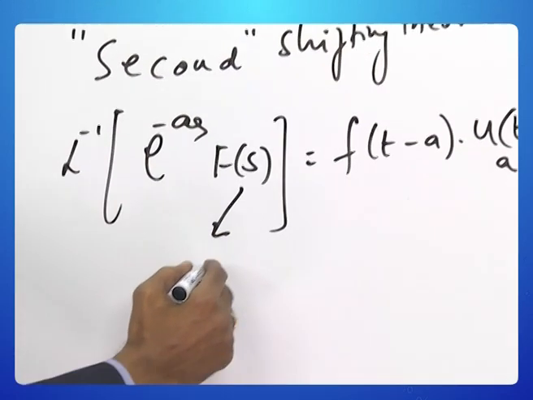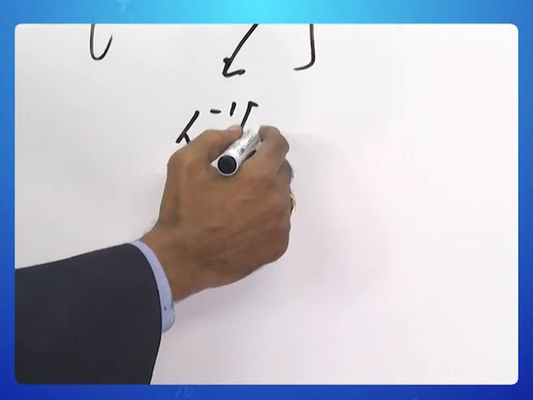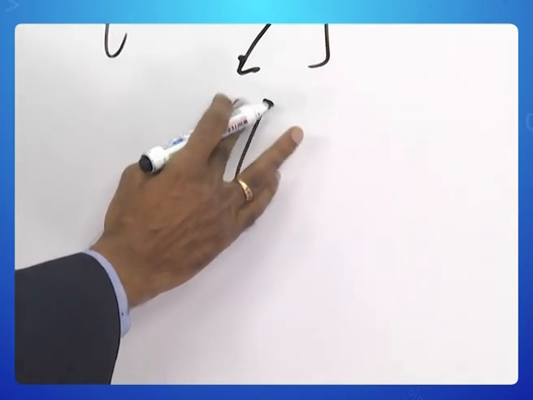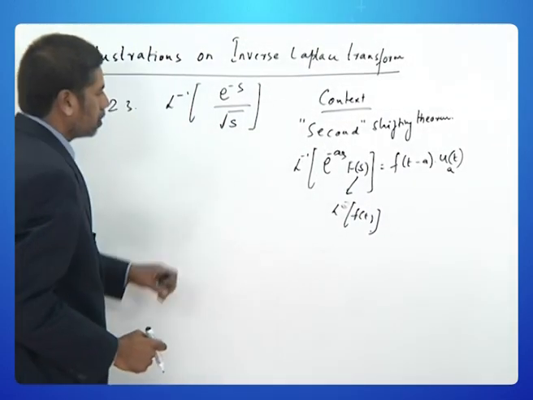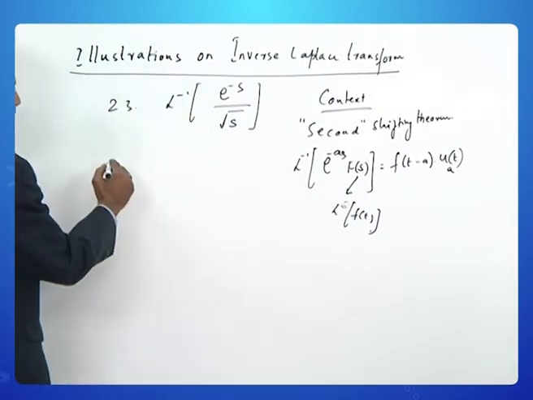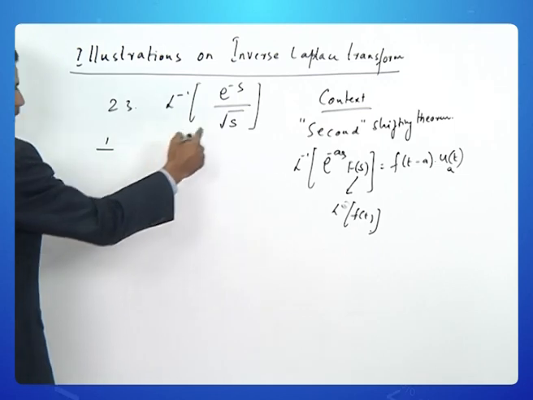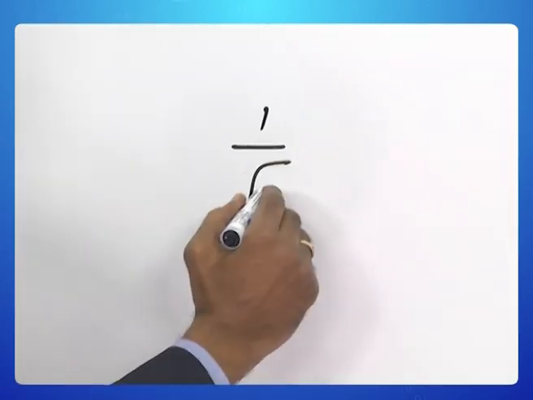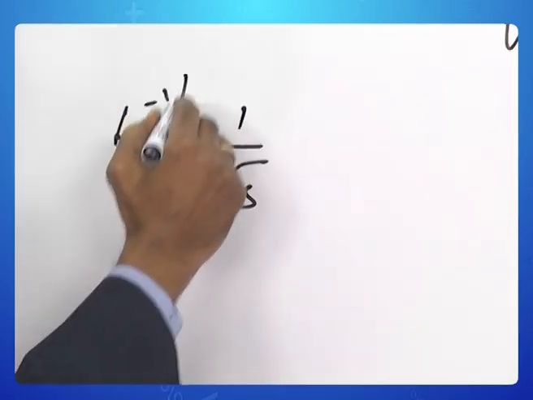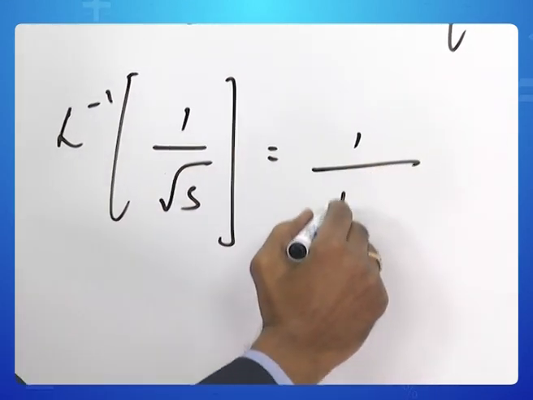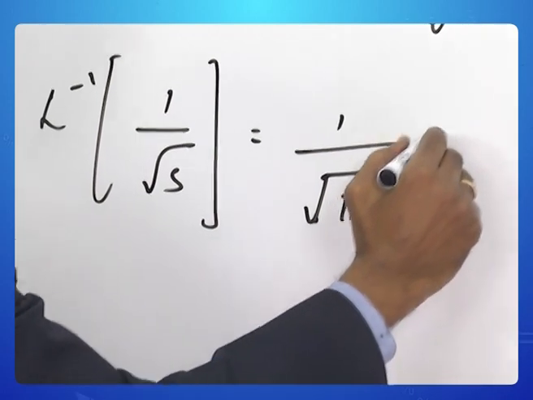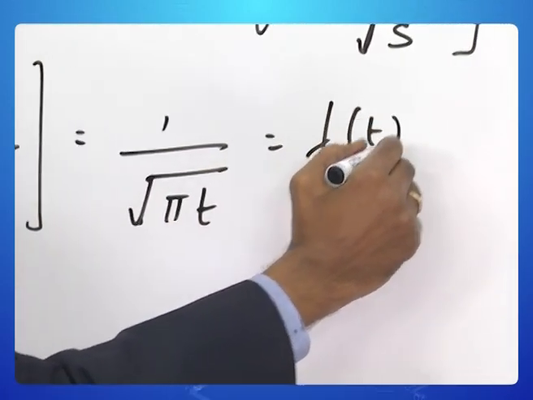F of s is the Laplace transform of f of t. So first here, begin with 1 by root s. We've already seen this is 1 by square root of pi t. You call this f of t.